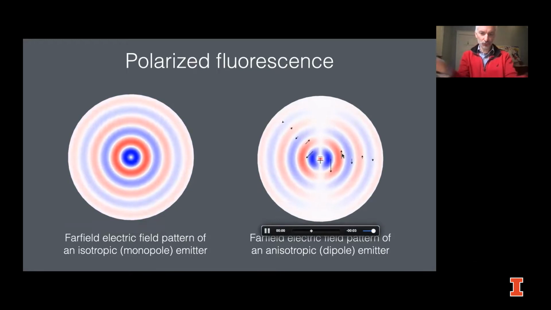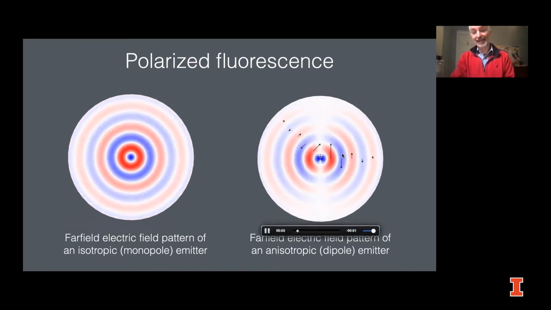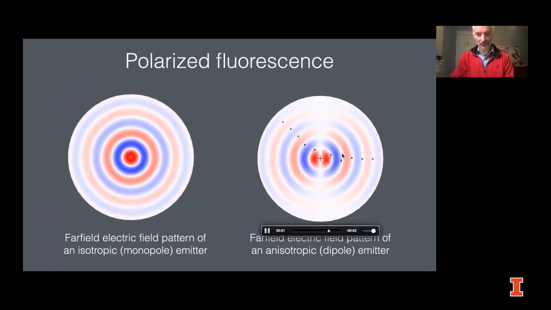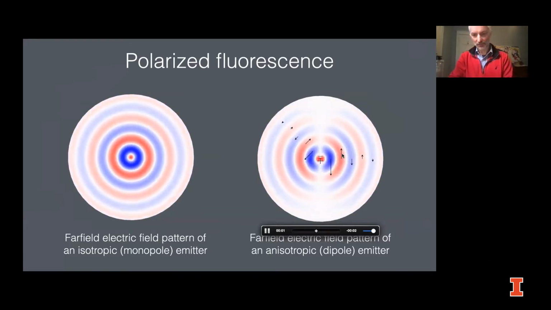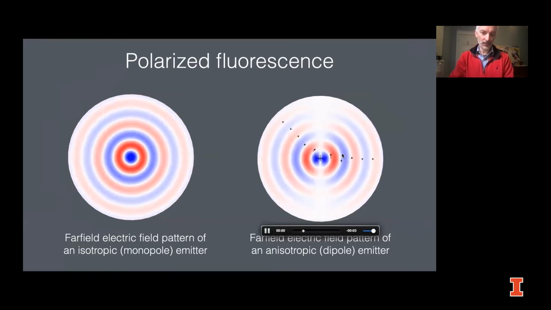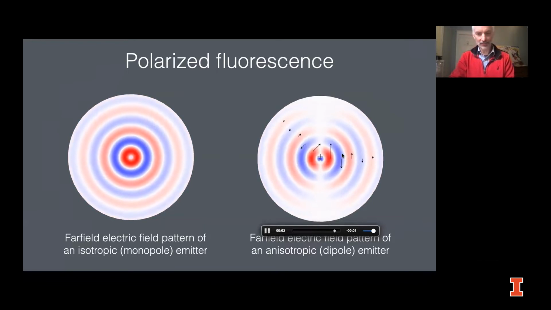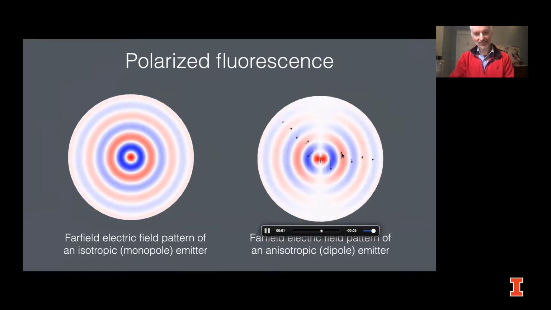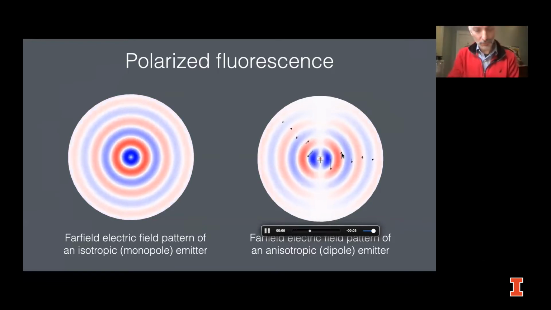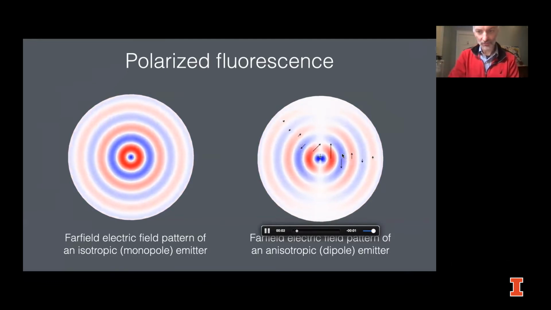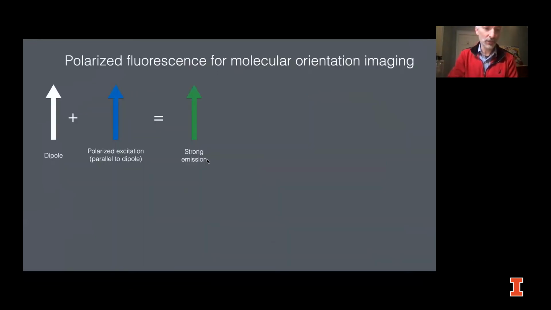And so it's going to emit strongly at 90 degrees to the dipole axis, not at all parallel to the dipole axis. And it will emit polarized light, and it will also be excited differently depending on the polarization of the excitation light. Okay.